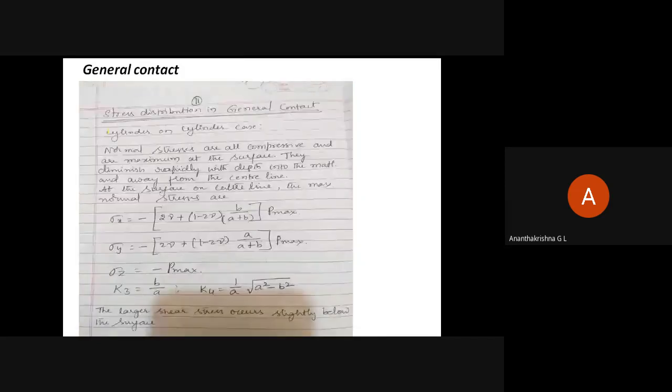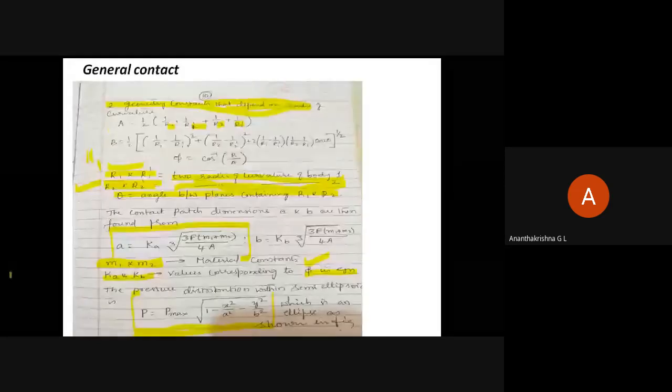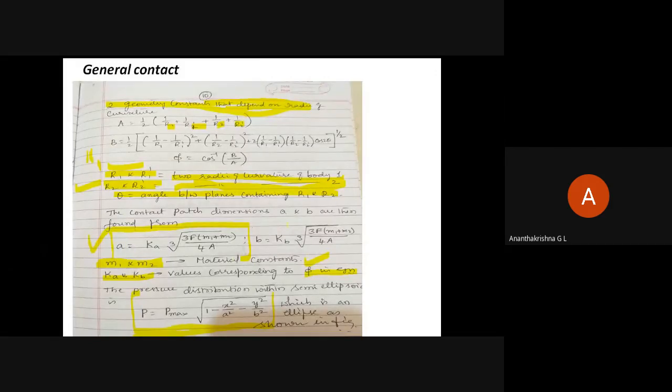So you can just note down the equation of contact patch A, and the value of B here. That will give you the contact patch dimensions A and B, because you have two contact patches over there. A is the half width of the minor axis, and B is the half width of the major axis.